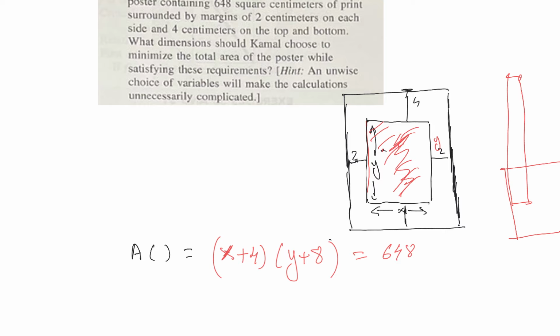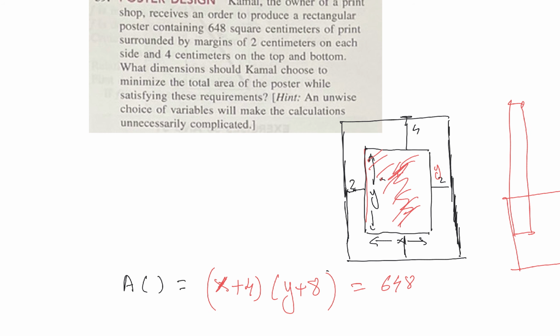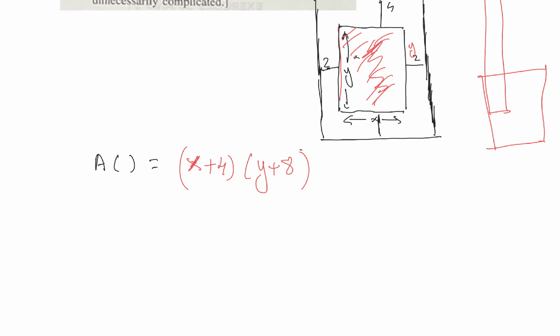I understand that the total area, let me read it, receive an order to produce a rectangular poster of print surrounded, no. This is not the total area. The total area is x by y. So the total area is 648. So x times y is 648.